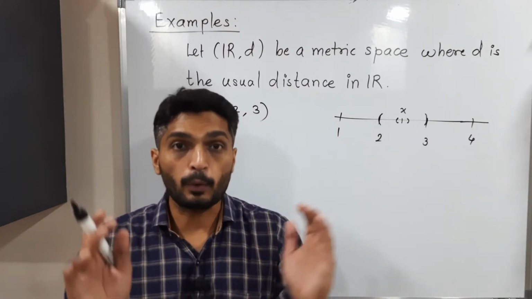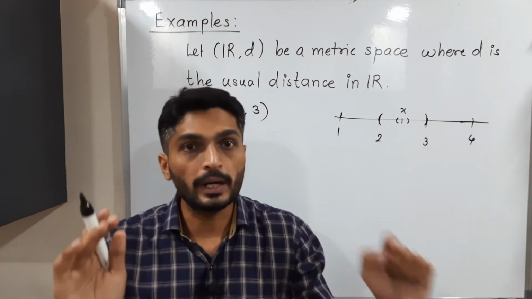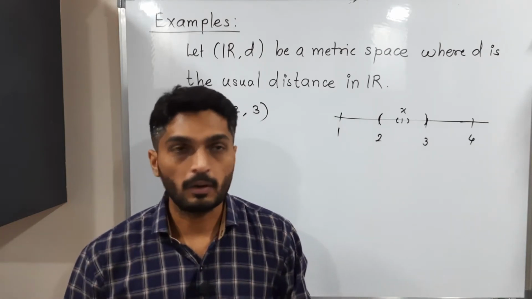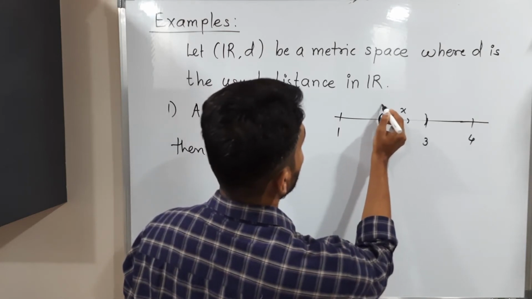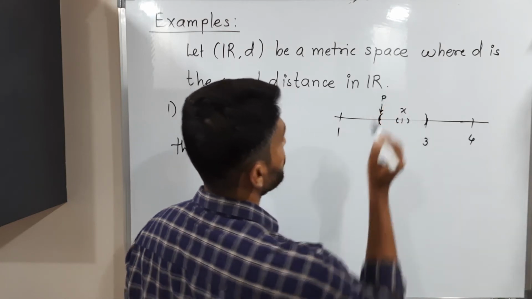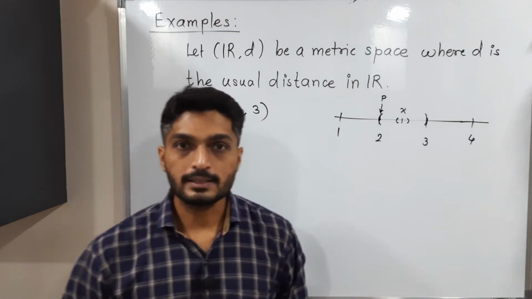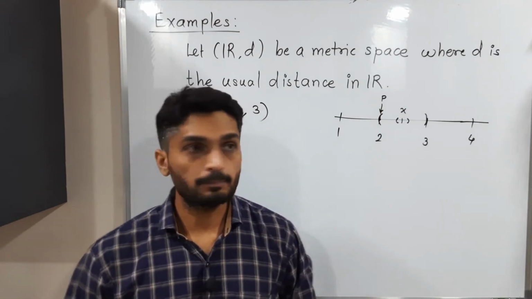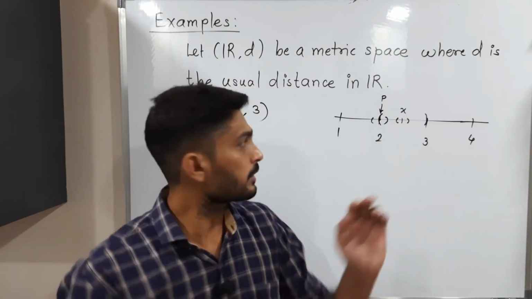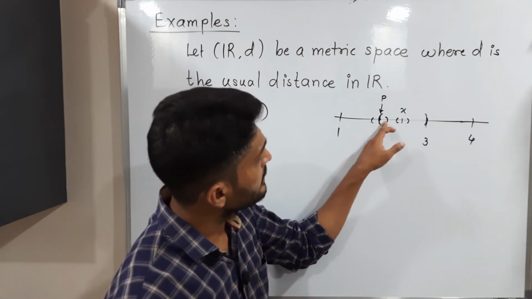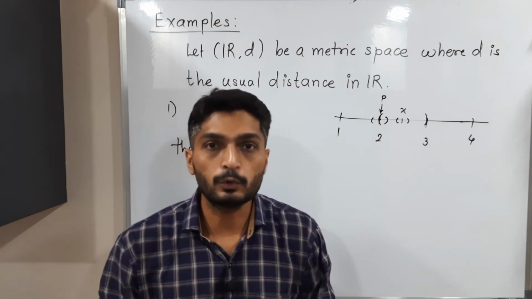That means every point which lies between 2 and 3 is a limit point. Get it? What about 2? If you consider this point 2, can we say it is a limit point? If you draw any ball around 2, definitely other than 2, it contains some points of that interval (2, 3).